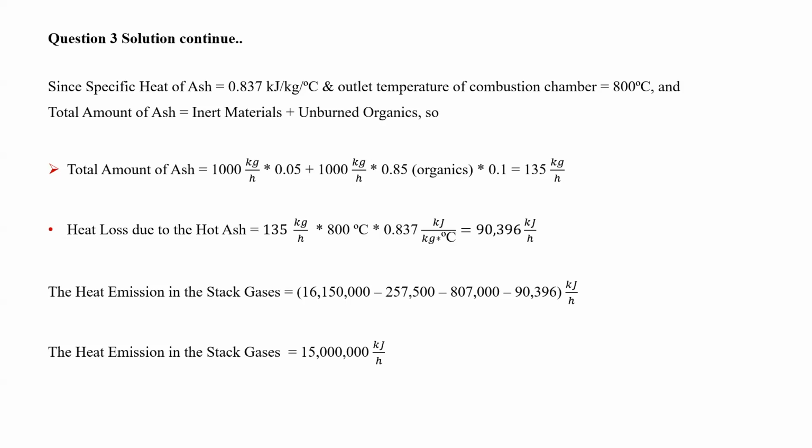And now we have calculated all the heat losses, and therefore we are ready to estimate total heat emissions in the stack gases. And to do that, we should subtract all heat losses that we have found before from the produced heat in the combustion chamber. This way, we can calculate the heat emission as 50 million kilojoule per hour.